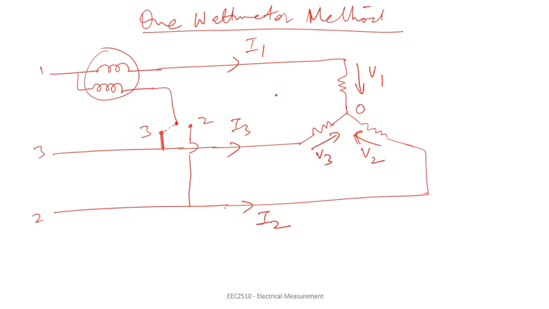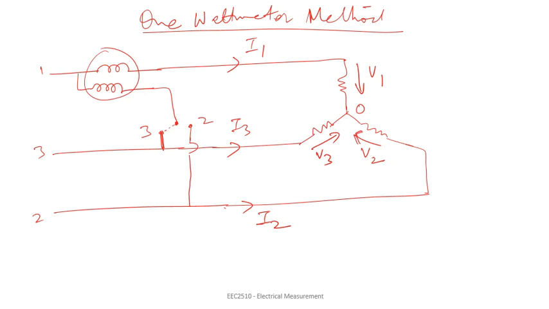In this figure the current coil is connected in one of the lines, and one end of the pressure coil to the same line, the other being connected alternately to the other two lines. So one time the pressure coil is connected to this line, the other time to this line.